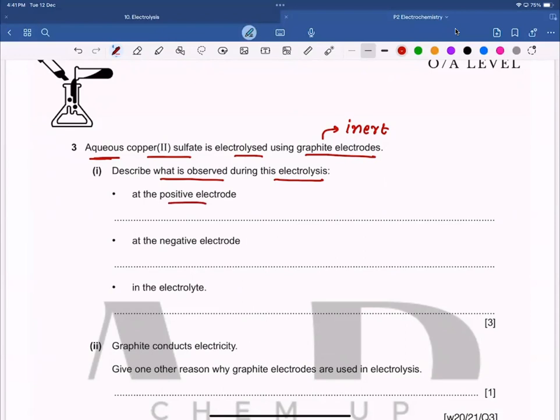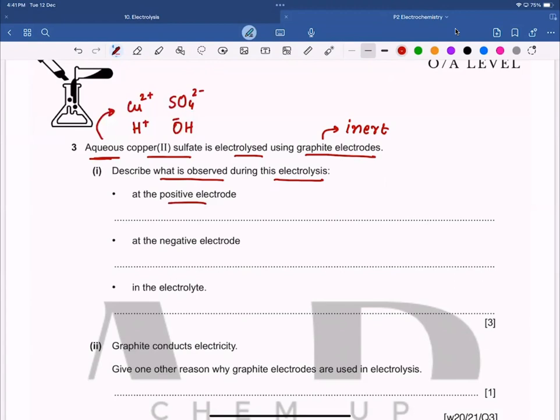Which ion is going to be expected? Let's do a little background work. It's copper(II) sulfate and it's aqueous. So it has a copper(II) positive ion, sulfate negative ion, hydrogen ion, and hydroxide ion. So at the positive electrode, which ion is going to oxidize?